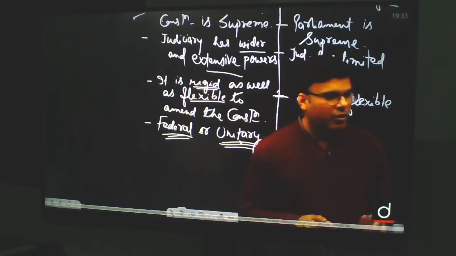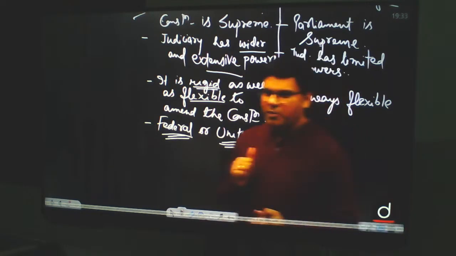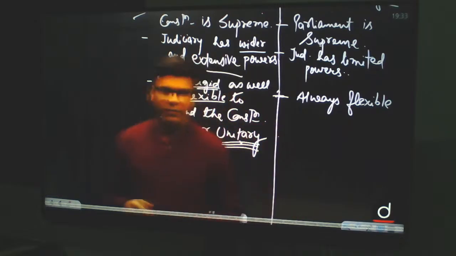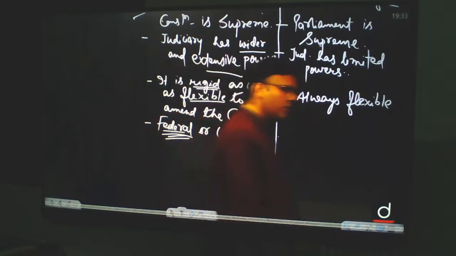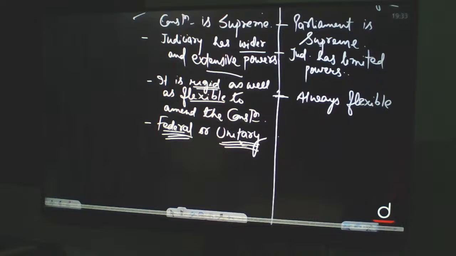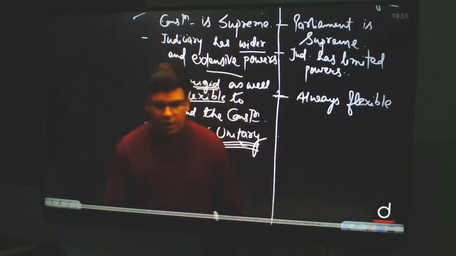But who has more power? Center. So we have some unitary features. ये हमें पढ़ना है, समझना भी है gradually. तो इसलिए for written constitution it could be a federal or even a unitary constitution. It is like both types of states could emerge out of a written constitution.